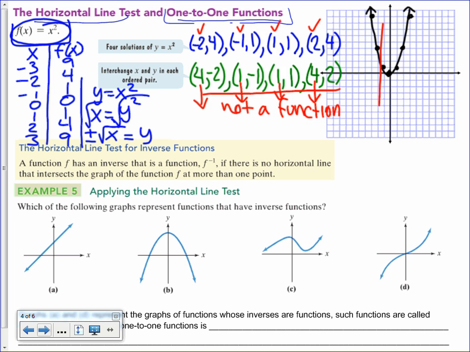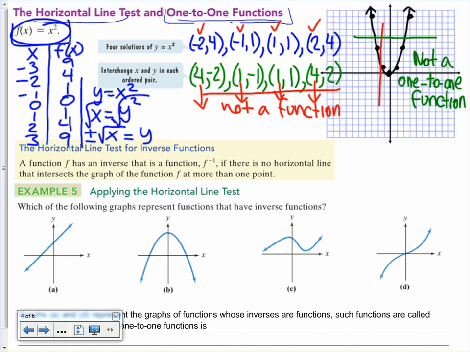So what the horizontal line test will tell you is if your function is a one-to-one function. So will this be a one-to-one function? No. So let's say not a one-to-one function.